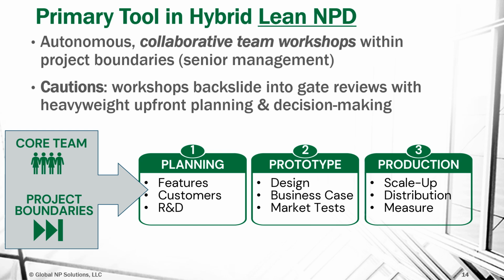And a core team is identified prior to the implementation of the product development effort. And there are boundaries put in place that allow senior management to have confidence and trust that the team will work within financial boundaries, technical boundaries, resource consumption. So this is a really good way when you have autonomous teams and high trust and, again, complicated, complex, or simple or more sophisticated product development efforts.